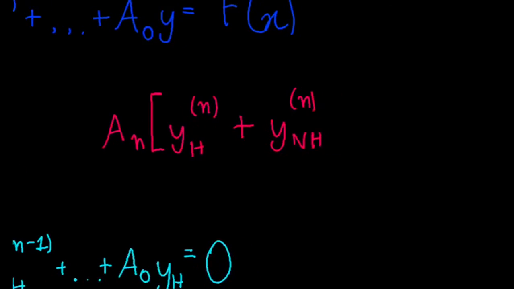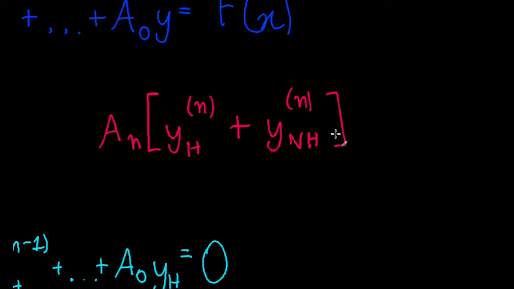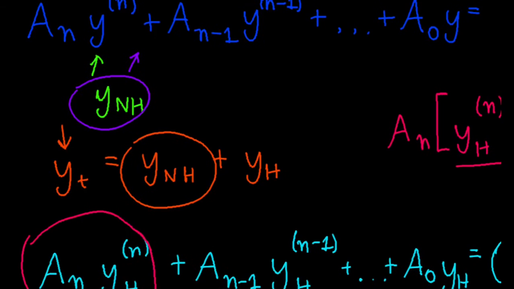Now, here's something interesting. What is this? It's the sum of the nth derivatives of the homogeneous and non-homogeneous solutions, right? Well, the sum of the homogeneous and non-homogeneous solutions is actually this test function y sub t that we're trying to prove is a solution to the non-homogeneous differential equation. If I take the derivative on both sides, we know the rule with adding functions: the derivatives are just added.